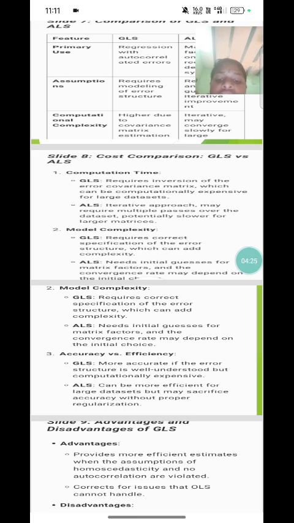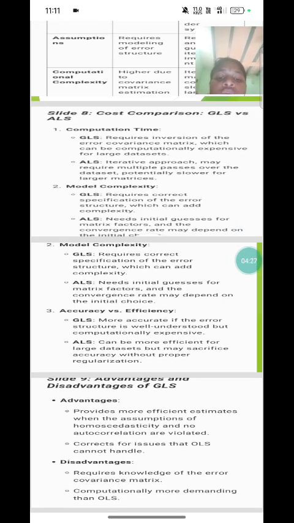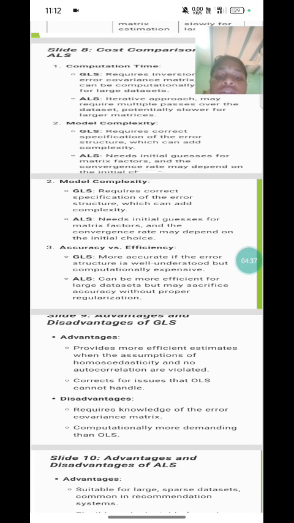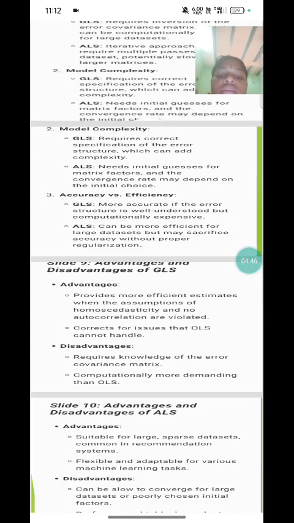Accuracy versus efficiency. GLS is more accurate if the error structure is well understood but computationally expensive. ALS can be more efficient for large datasets but may sacrifice accuracy without proper regularization.